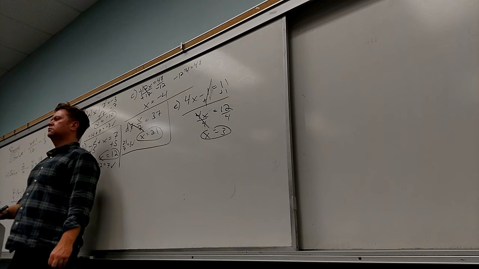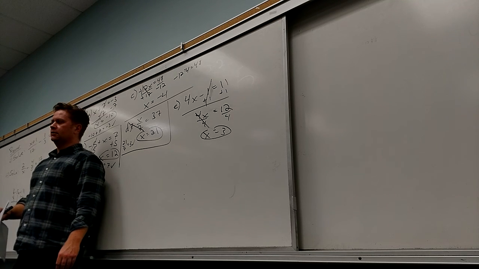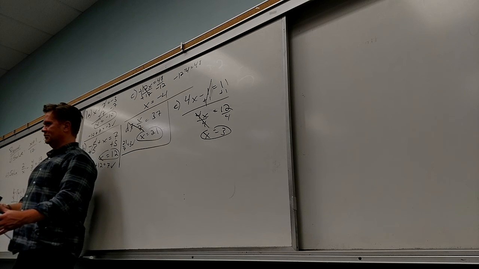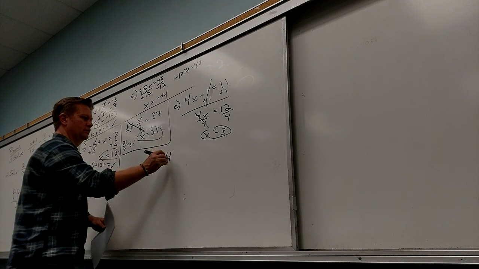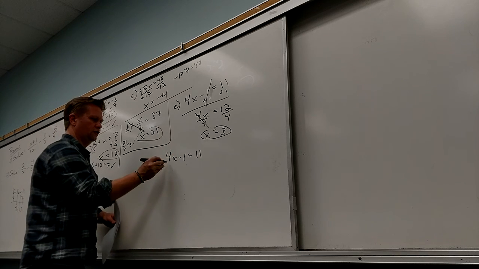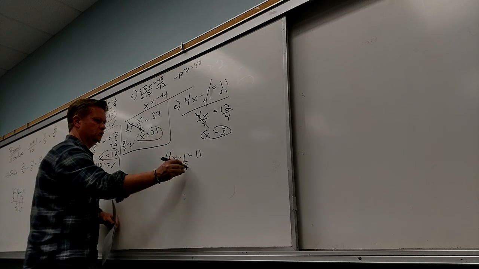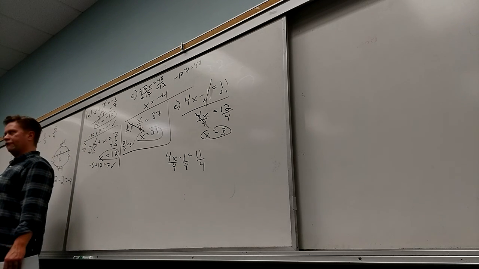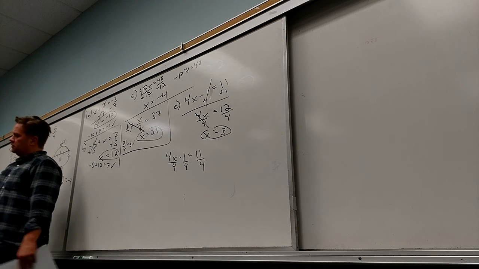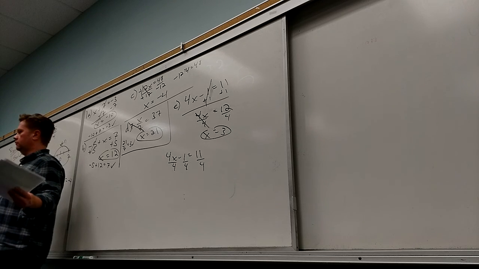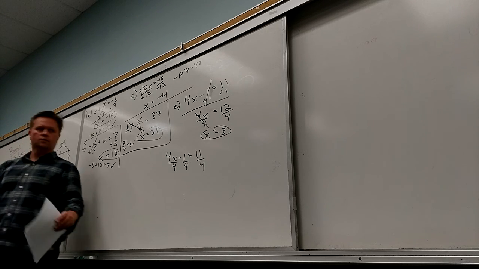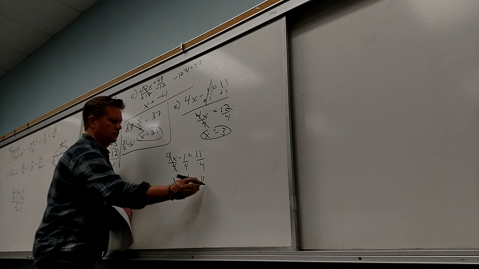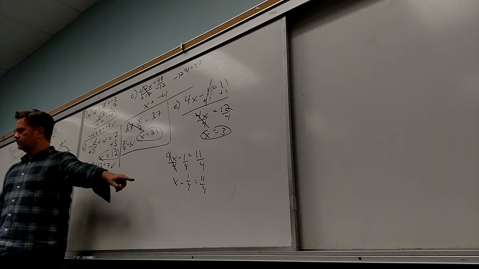Now, I don't know if you guys want to see this. I could show you what it would look like if you divided by 4 first. Right, here's what it would look like. If you divide by 4, you can't pick and choose. You must divide everything by 4. You can't say, I don't want to divide it by, yeah, too bad. If you choose to do it, you got to do it. So that kills a 4, great, but then what do you got here? This isn't that terrible, right? What would you do next?